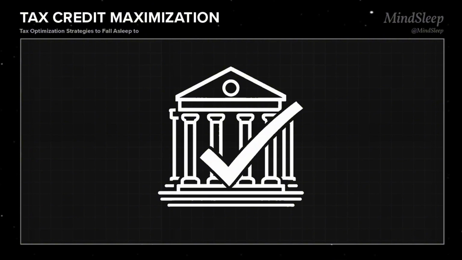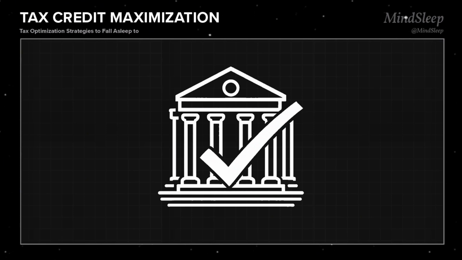As we ponder the implications of tax credit maximization, we must consider its broader economic and social impacts. Tax credits are often used as policy tools to incentivize certain behaviors or support specific sectors of the economy.